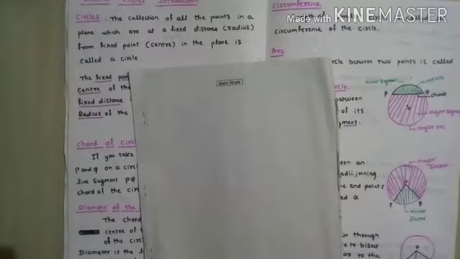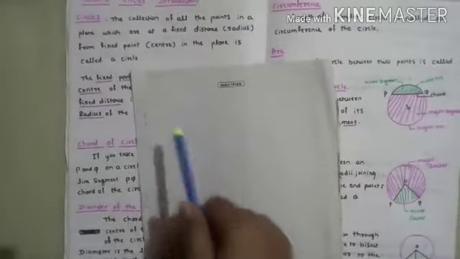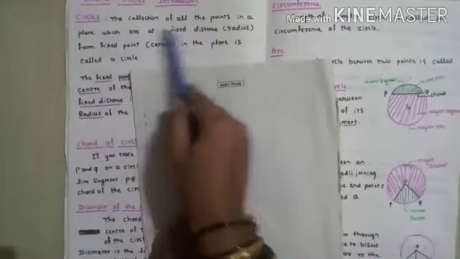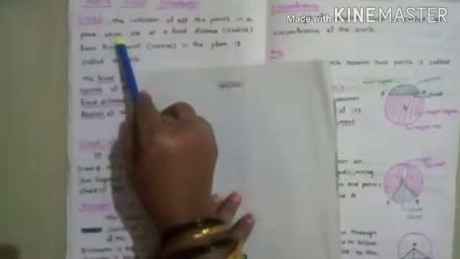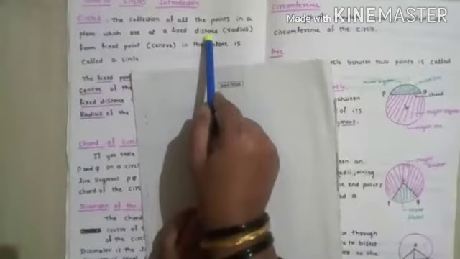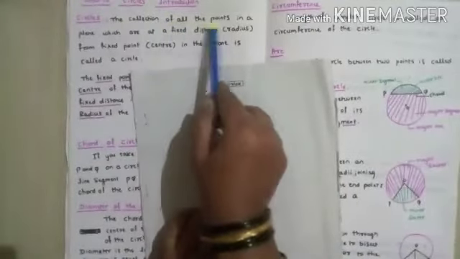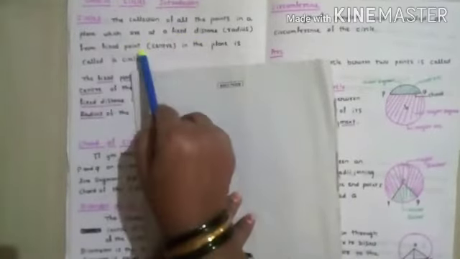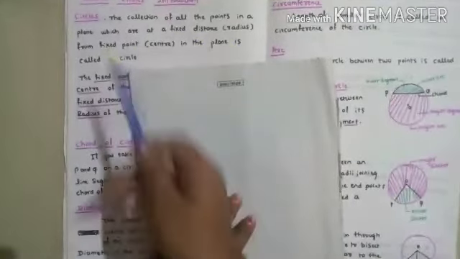I'll revise those definitions first, just to see what they have given here. I have written already some definitions here, I will write those and explain to you. The collection of all the points in a plane which are at a fixed distance from a fixed point in the plane is called a circle.